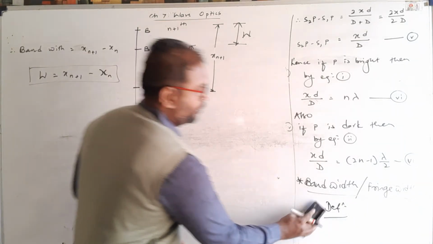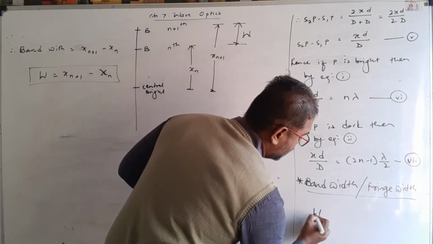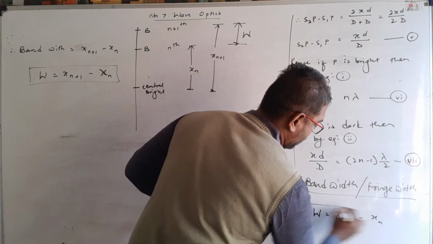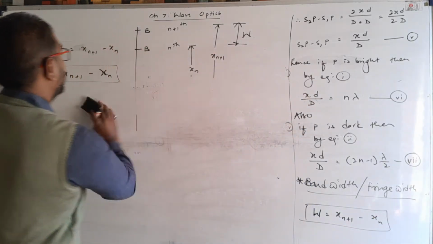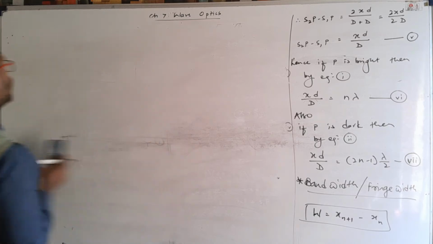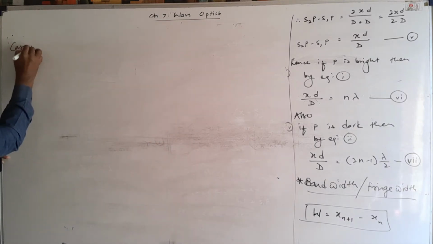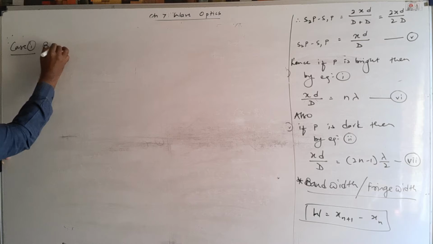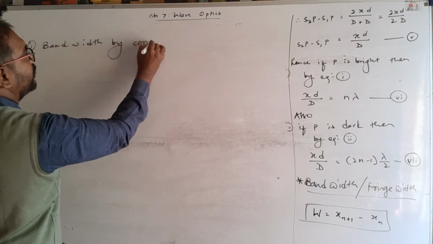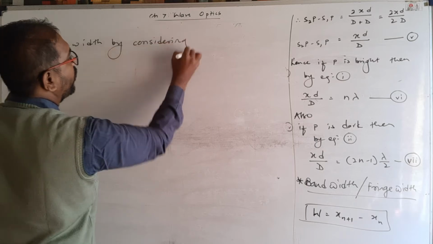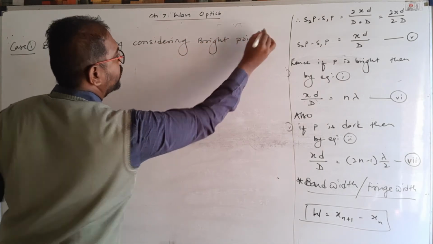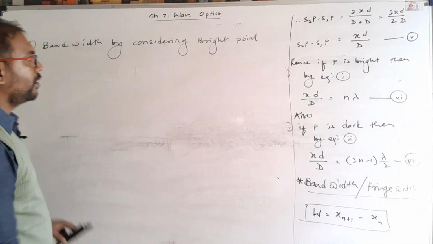Now we have to obtain the bandwidth by considering a bright point.